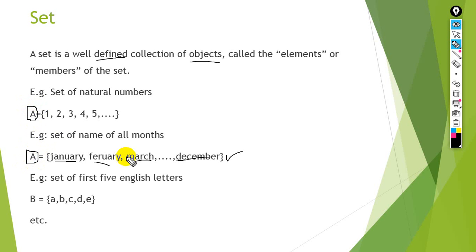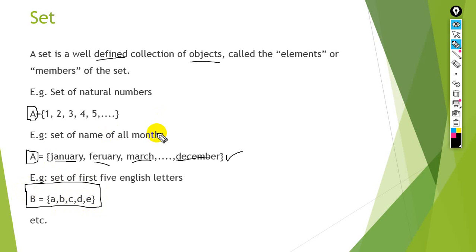Next example of a set is the set of the first 5 English letters. Here B is equal to A, B, C, D, E. We can say this is a set of the first 5 English letters. Another example is a set of 5 students of the 6th semester.